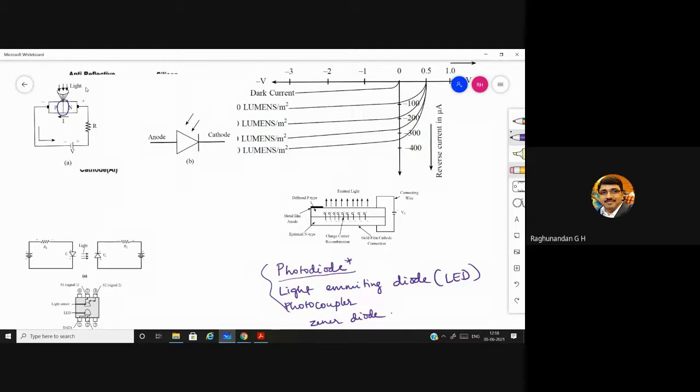Why can't we make this diode forward biased so that we get more current? And why can't we make the light fall on the entire PN layer so that we can get more current? Why are we going to concentrate on the depletion region only? Any idea?